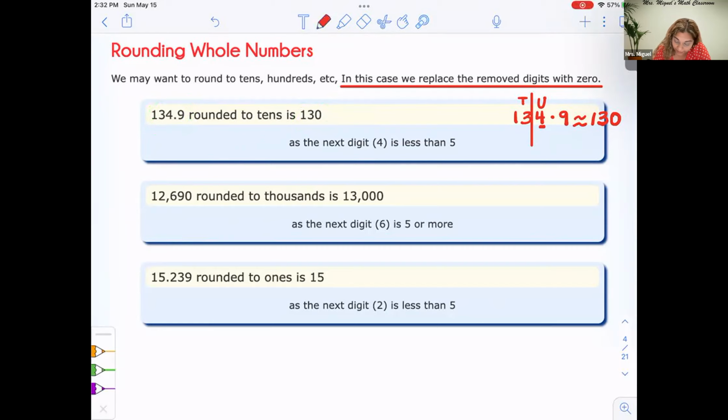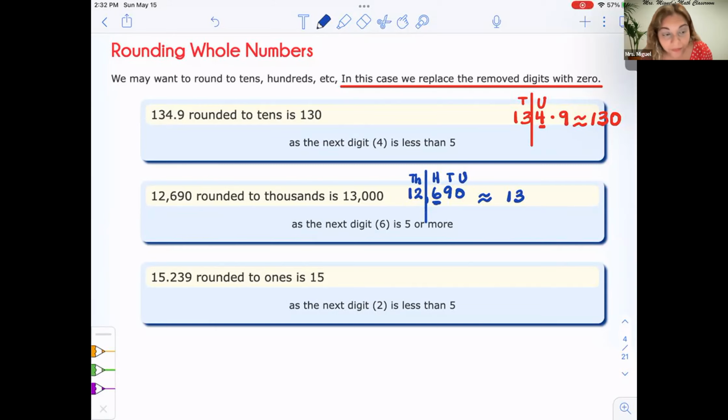Let us go to the second one now. 12,690. We are going to approximate to the nearest thousands. Units, tens, hundreds, thousands. So I'm going to draw my cutoff. This is my deciding factor. This number is greater than or equal to 5. I know that, so it means that I add 1 to 2, making it 3. Now here's what.